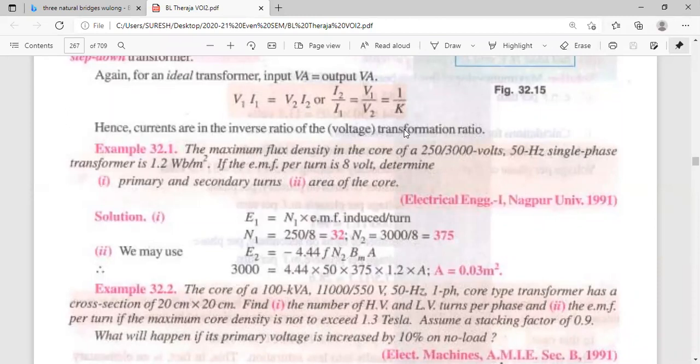If the EMF per turn is 8, determine primary and secondary turns and area of the core. These problems are very important. They last for 5 marks. Very simple problems. After writing the question, inform me. I will start the solution.